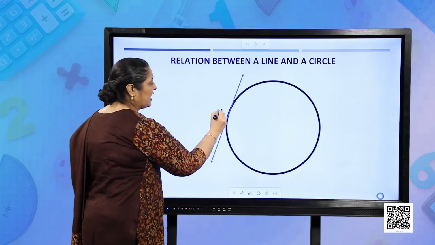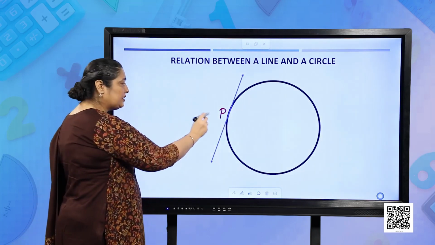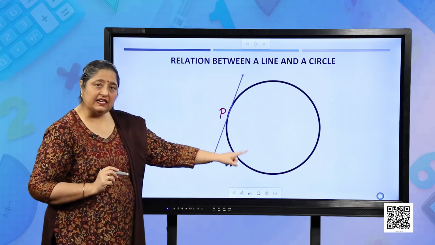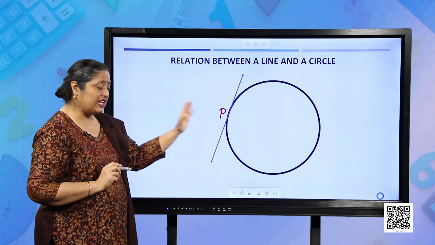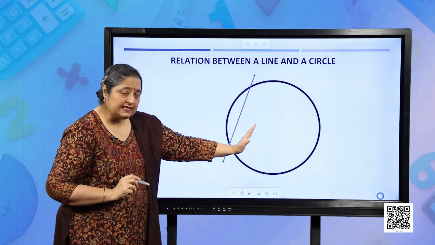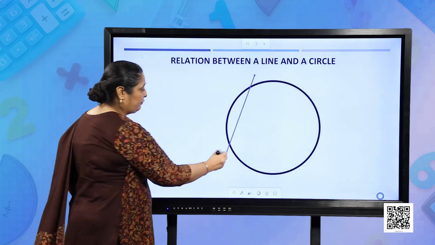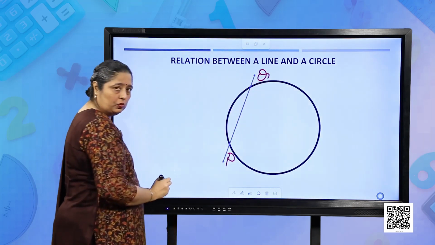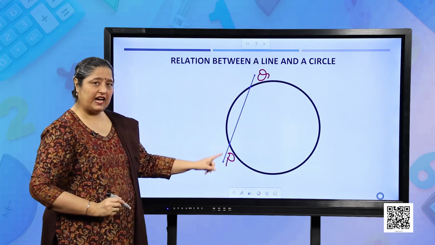Let me name this as P. This point is the point of contact of the line and the circle, and then as we move forward, we move the line inside the circle. Then we have 2 points of contact, that is P and Q.